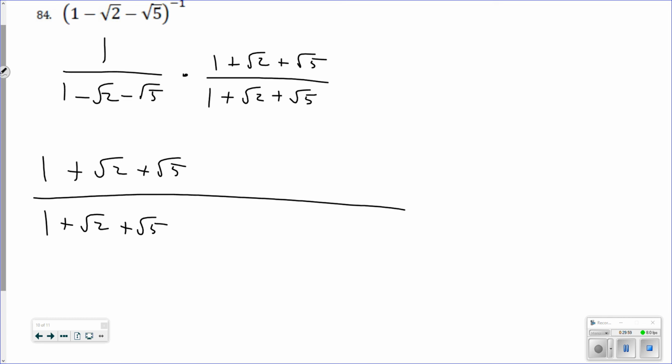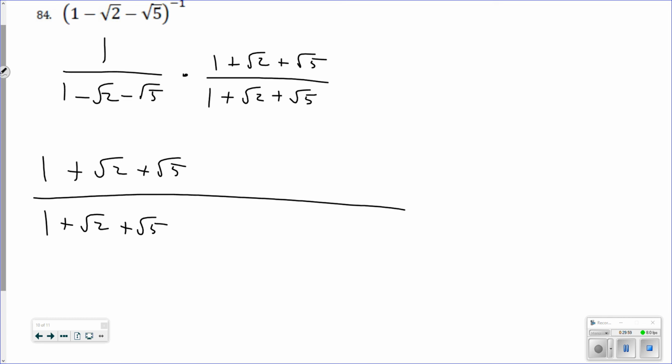Negative root 2 times root 2 is a negative 2. Negative root 2 times positive root 5 is negative root 10. Distribute the negative root 5. Negative root 5 times 1 is negative root 5. Then a negative root 10. Then a negative 5.